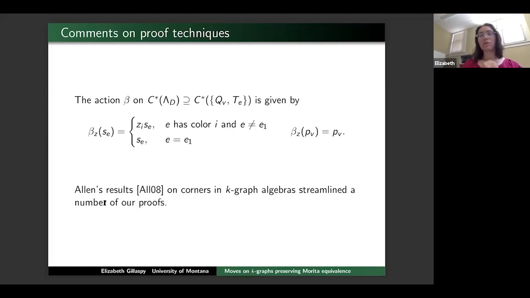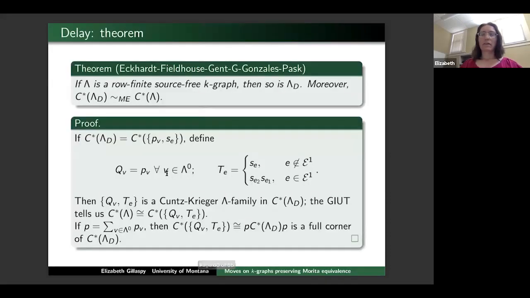And I also wanted to mention that another nice thing my students proved last summer is that they gave a fairly general way for constructing actions of the K-torus on a K-graph, because we weren't able to apply the gauge invariant uniqueness theorem here in the delay case, because I used two generators here to correspond to one partial isometry in lambda.